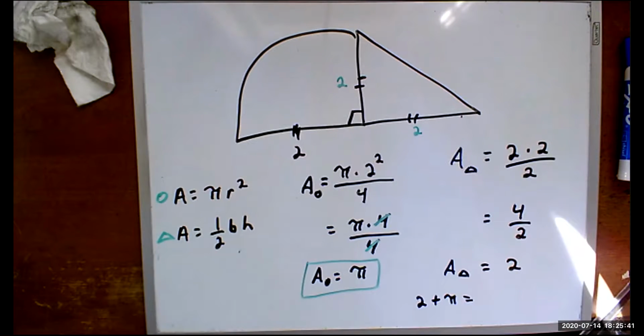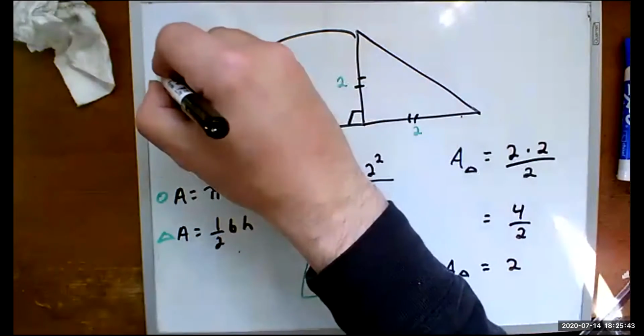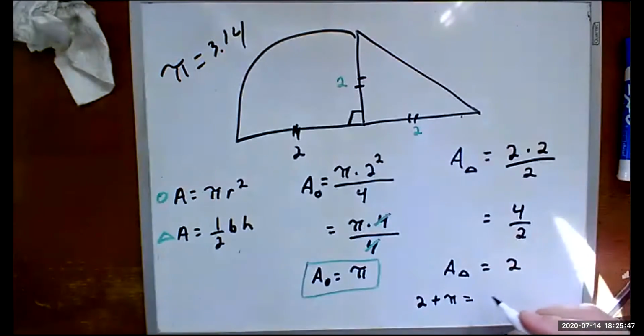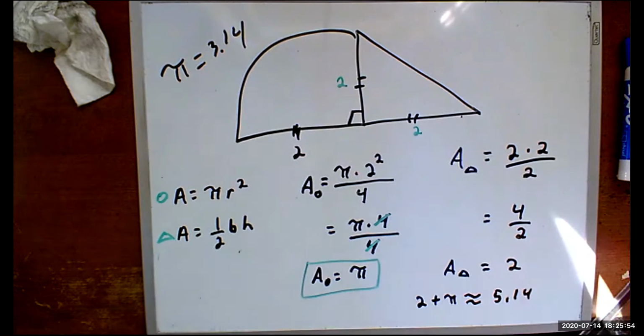Remembering that pi is approximately equal to 3.14, I can say that my approximate answer is going to be equal to 5.14. And I have just enough time to squeeze in that last question. But it works basically along the same idea.